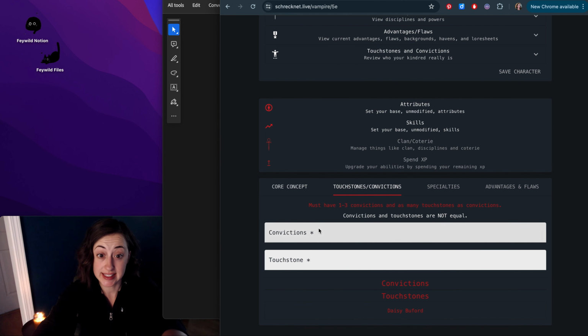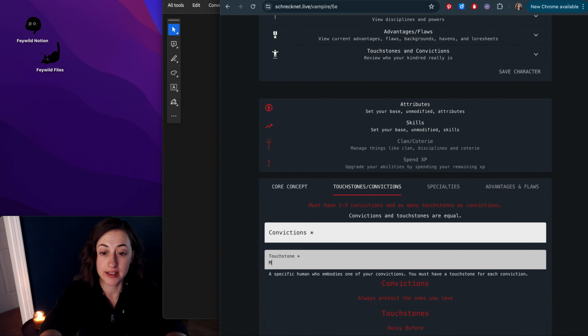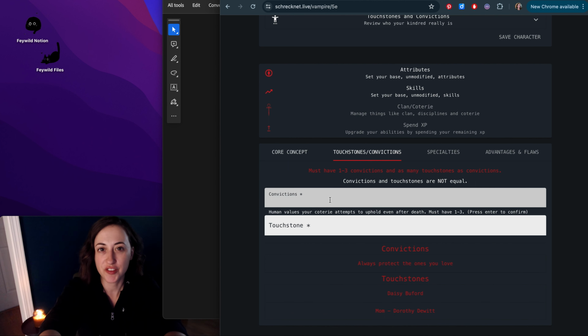So for Daisy, the conviction is going to be always protect the ones you love, because we're a cute little vampire. My next touchstone is going to be his mom, Dorothy DeWitt. And for Theo, one of his other convictions is going to be obey authority.